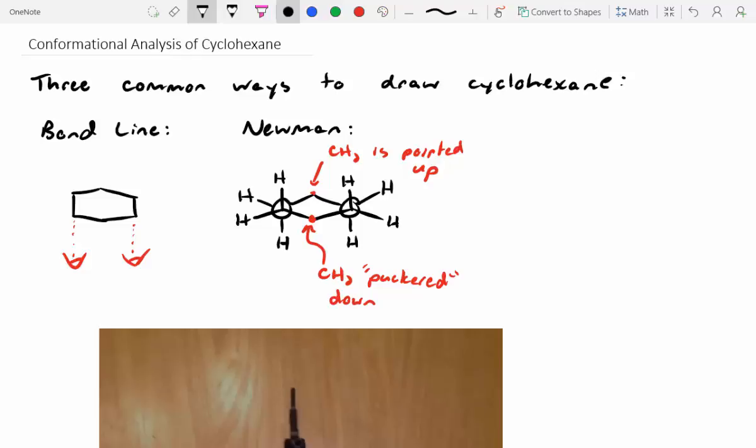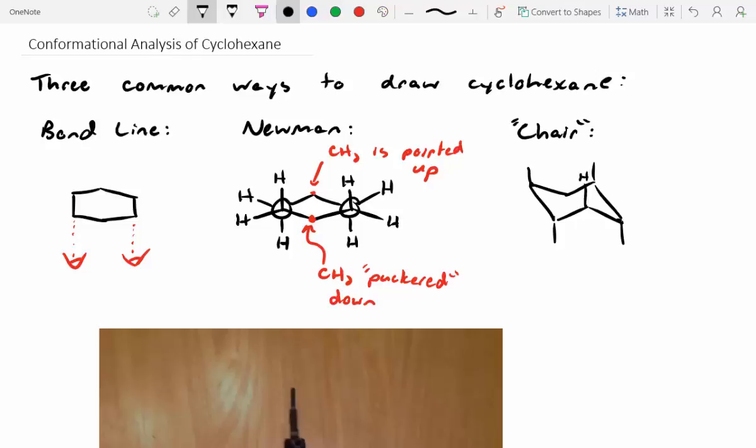So instead, what people often do is they draw what's called a chair, or some variant of a chair. With the chair conformation, you have two parallel lines. And we'll practice drawing this, trust me. And then we've got a carbon in the front, carbon pointed down. Don't worry if this is going super fast.